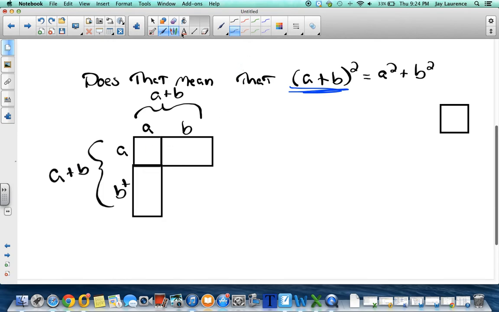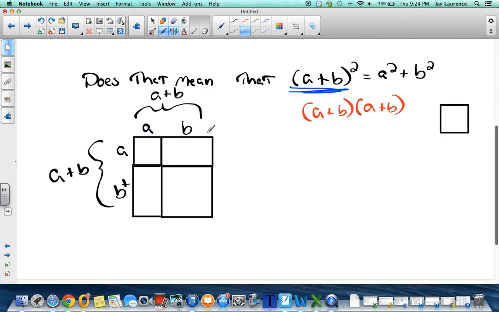Now I really should finish my picture here, make it a full rectangle. Okay, and so now to find the area of this rectangle, I could take a plus b as a quantity times a plus b, right?